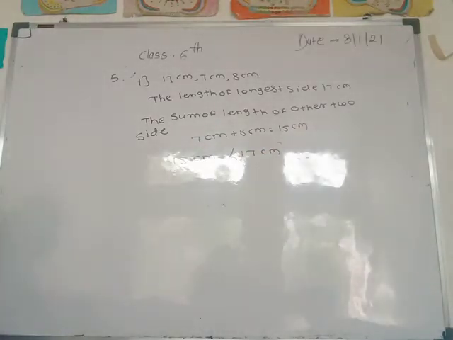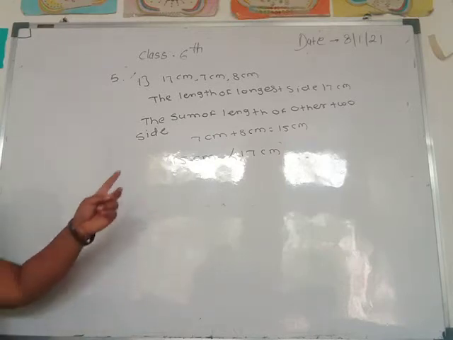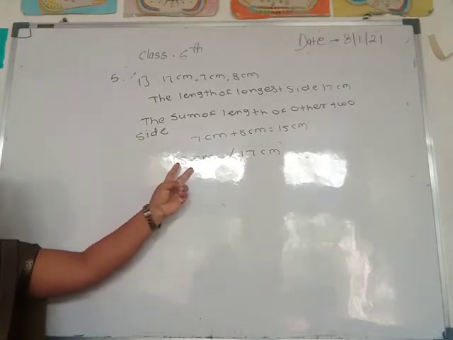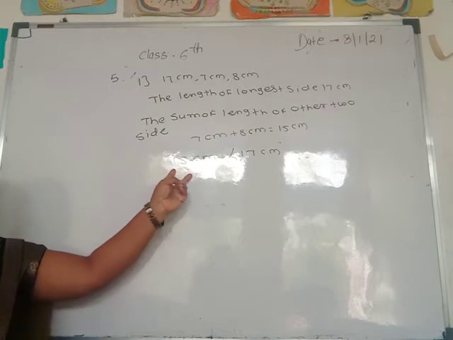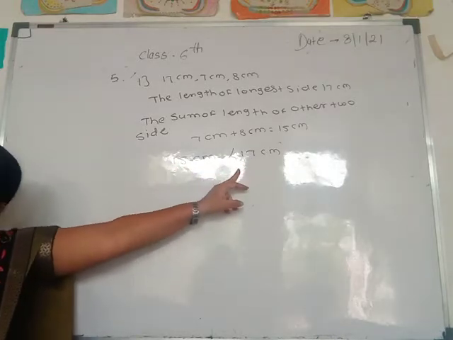By the property of the lengths of the sides of a triangle, this triangle cannot be drawn, because the sum of the lengths of the 2 sides is smaller than the length of the third side.